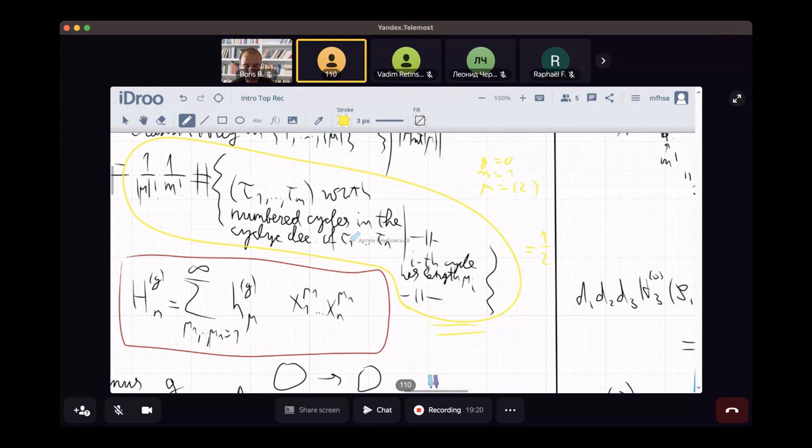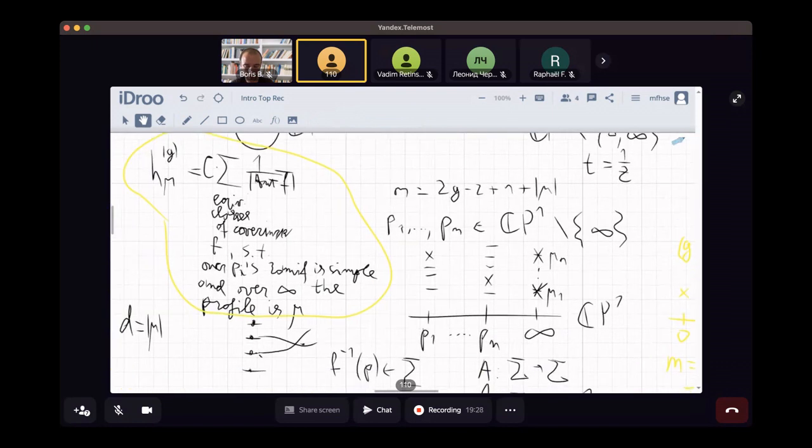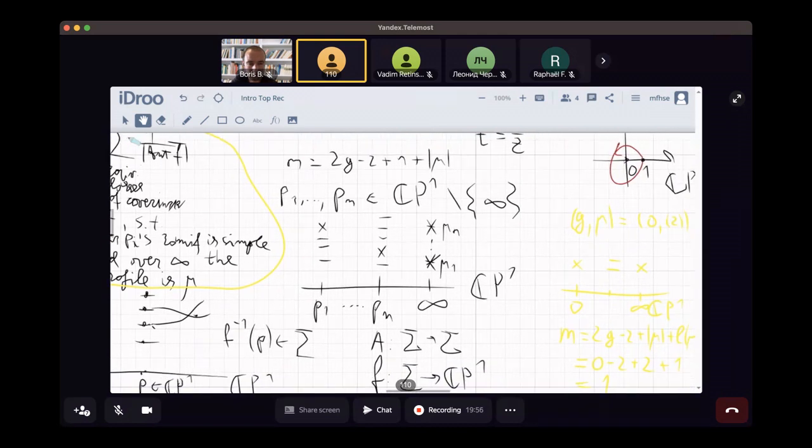And let's look at the other definition. How many equivalence classes of coverings are there? Just one. Why? Is it clear? We are looking at this sort of covering, so we fix our points, infinity and 0.